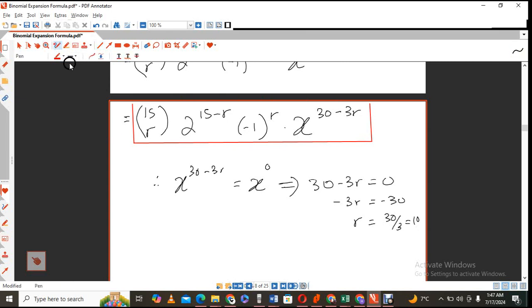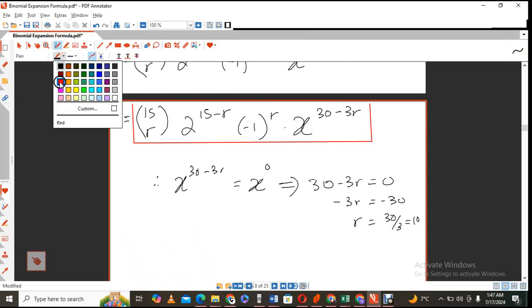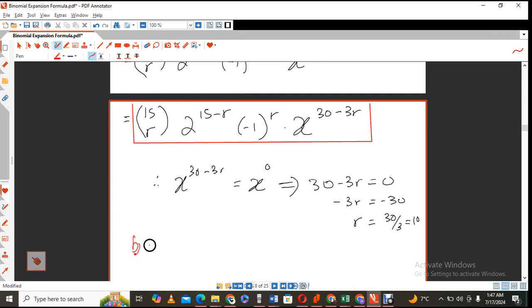So for part B, we say 15 choose 10, because r is 10, then 2 to the 15 minus 10, then -1 to the 10th power, and x to the 30 minus 3 times 10.